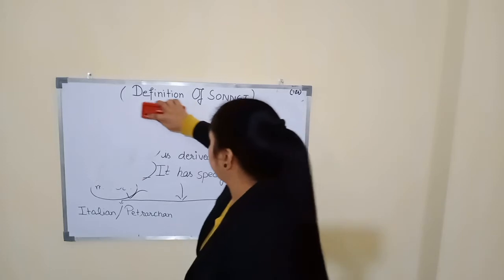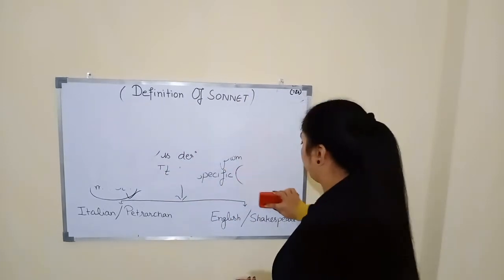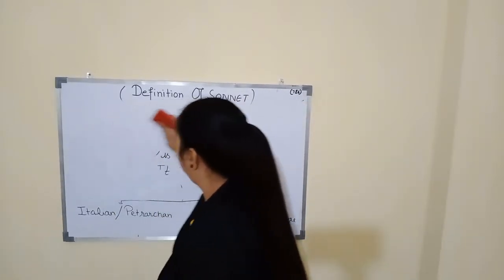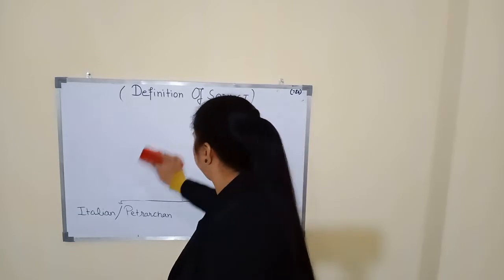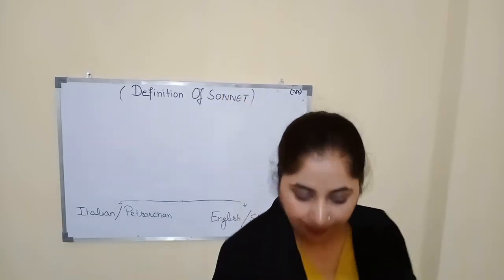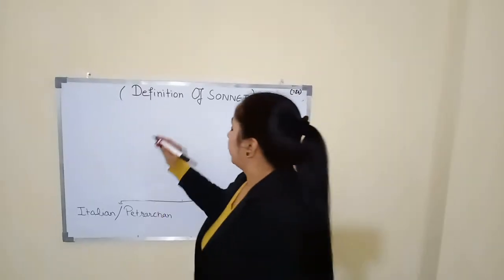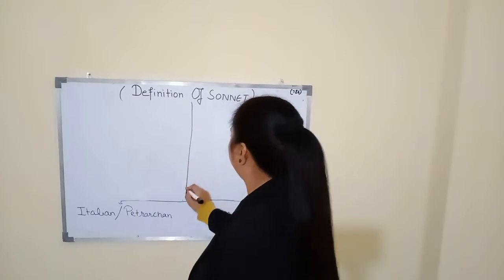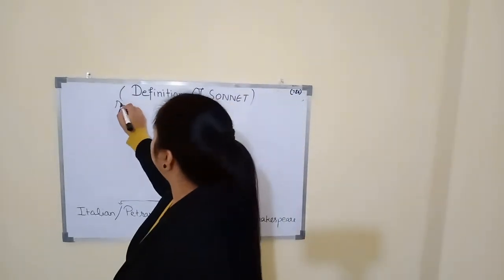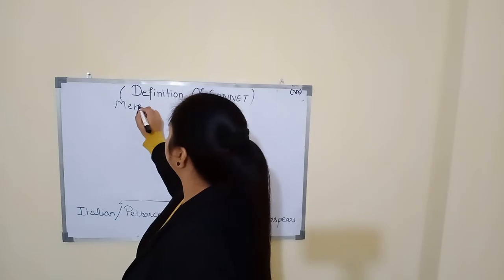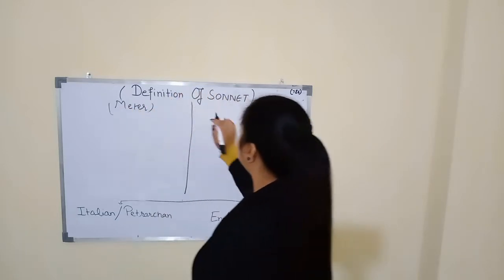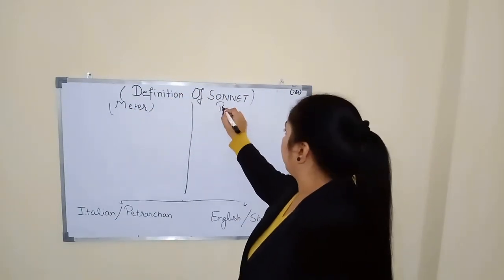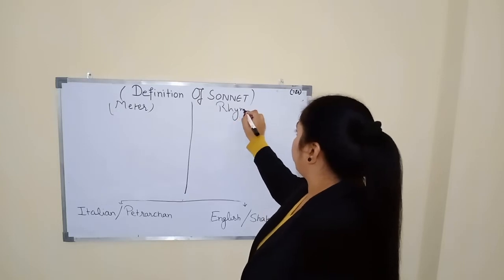Rhyme is, and the meter is pentameter, iambic pentameter. I'll explain. So we are going to discuss two things here. One is a meter for sonnets and the other is rhyme scheme.